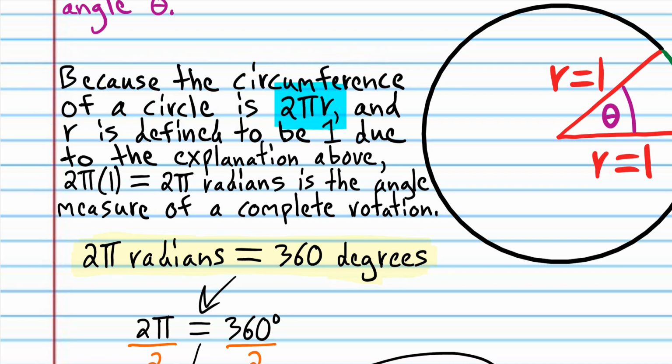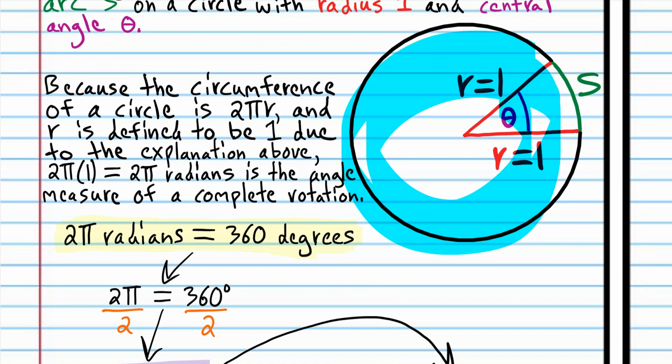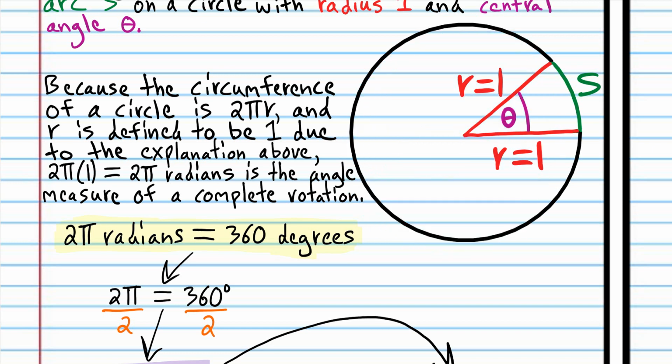We learned that in previous courses. And the circumference of this circle that has a radius of 1 would be simply 2 pi, because r is 1.